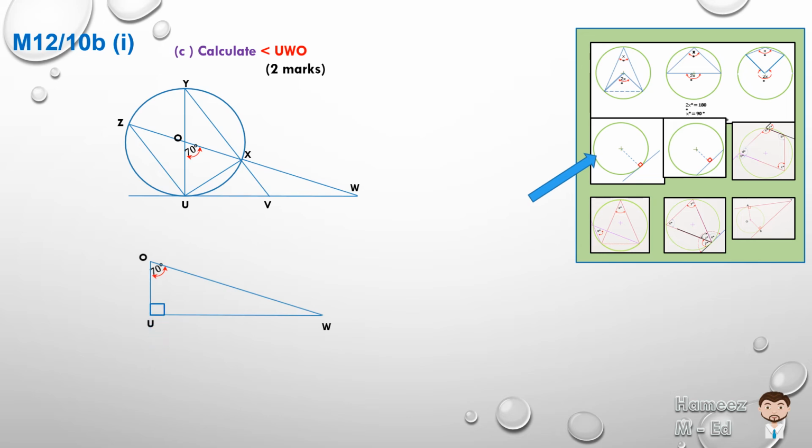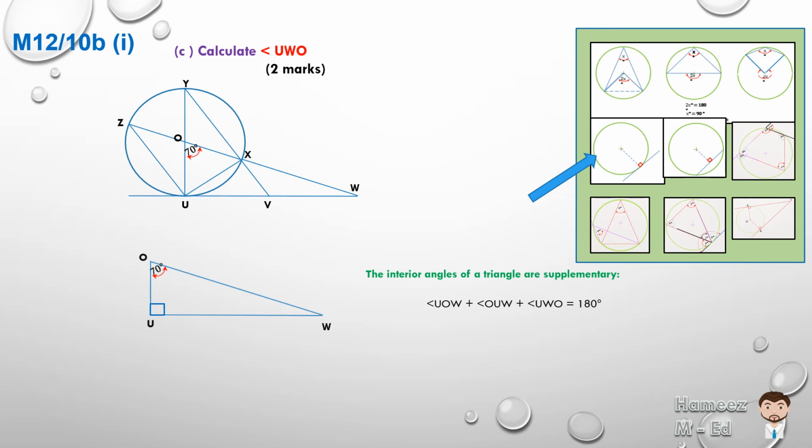So recognizing this, and we recall the interior angles of a triangle are supplementary, meaning that all three angles will add up to 180. Then let's write it. Angle UOW, the angle at the center of the circle, plus angle OUW, the angle at the tangent, plus angle UWO, which is what we want to find, is equal to 180 degrees.